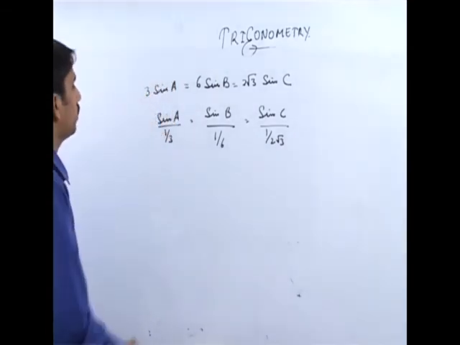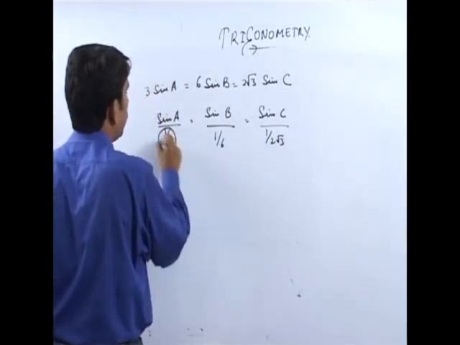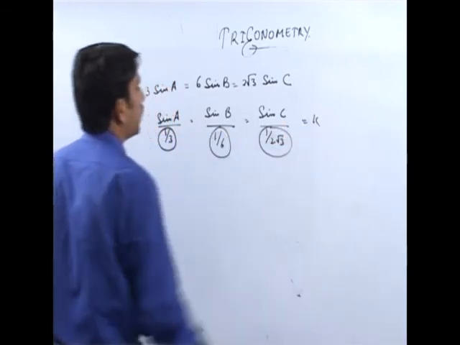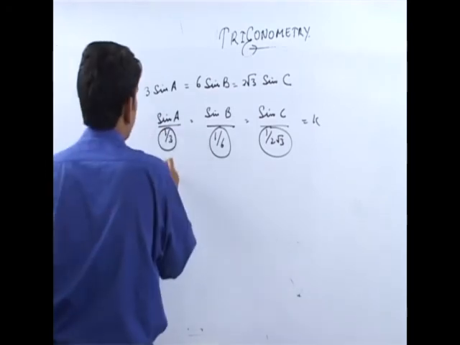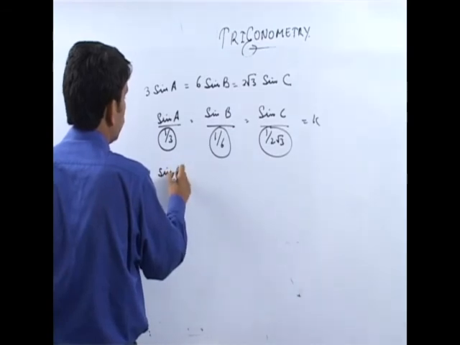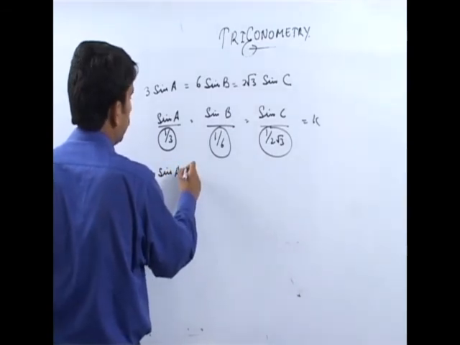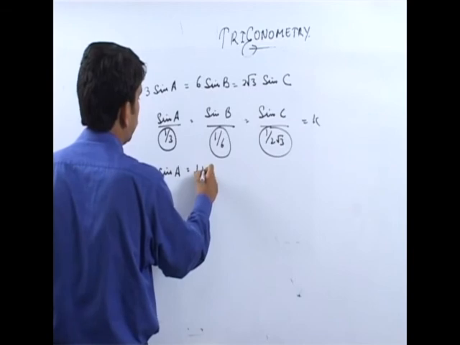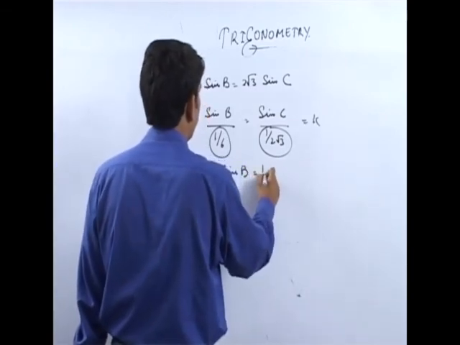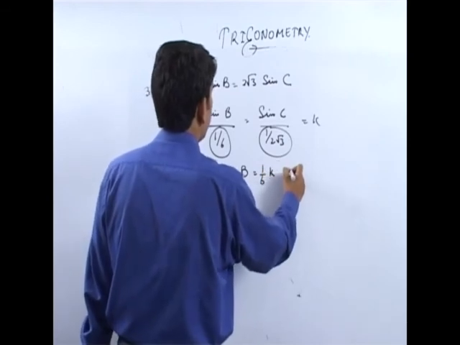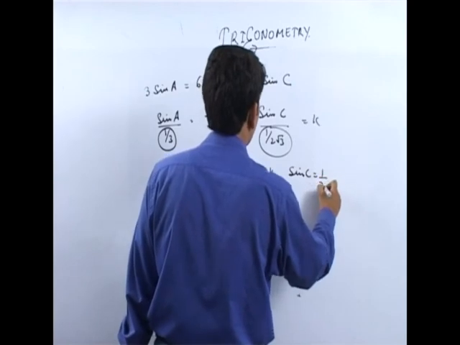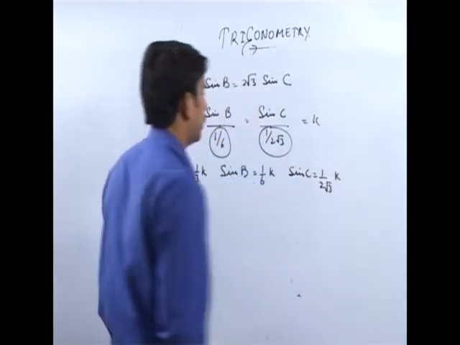That means the sides a, b, c are in this ratio, and if we take this as k, then sin A is equal to 1 by 3k, sin B is equal to 1 by 6k, and sin C is equal to 1 by 2 root 3 k.